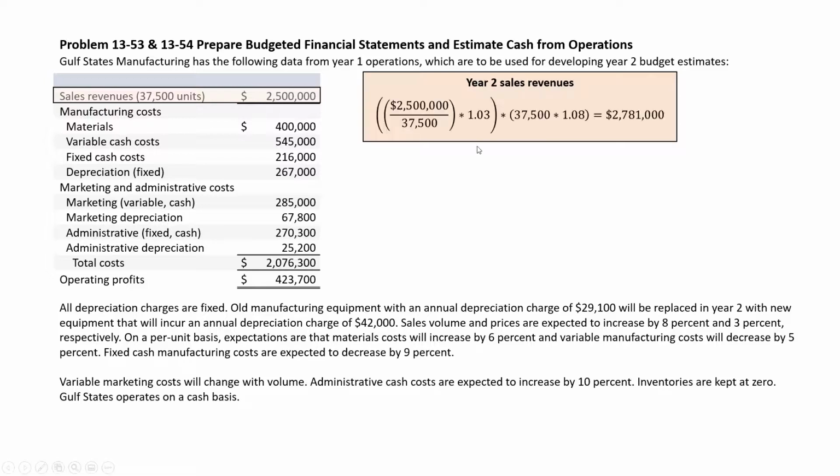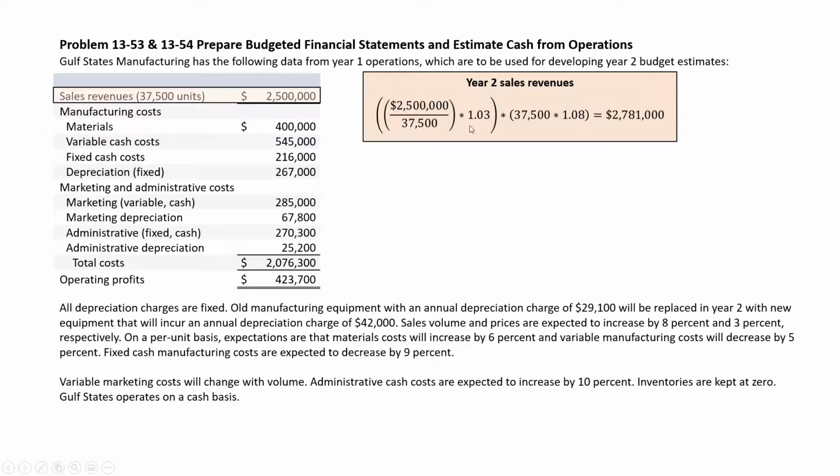I can also do this a little bit more detailed route. It gets me the same answer and I can prove out the easier route. For example, ultimately, I want to take the selling price per unit, that's the first part of the brackets here, times the number of units sold. Again, I know this looks a bit more complicated. Well, I don't know what the selling price per unit was last year, but I can figure that out and say 2.5 million divided by the fact that I sold 37,500 units. That would be the selling price per unit. I need to increase that by 3%.